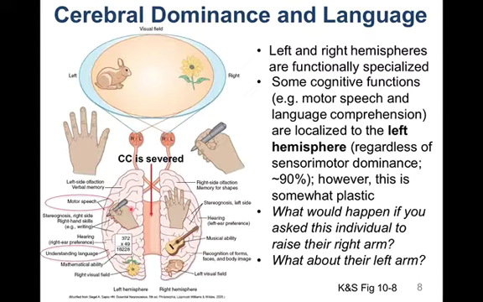And if you ask them to raise their left arm, however, then that information would need to get from Wernicke's to the right motor cortex, and that would not be able to occur because the corpus callosum is severed. So while the individual would be able to raise their right arm, they would not be able to raise their left arm in response to a verbal command.